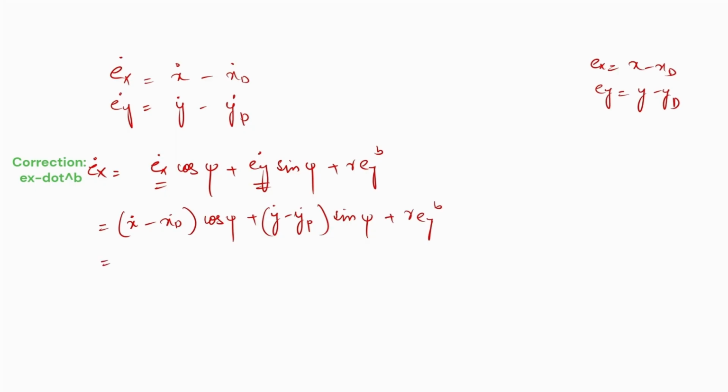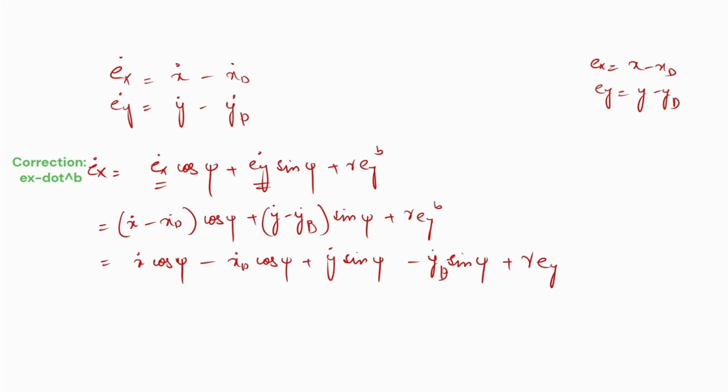So this is x dot cos of psi minus x desired dot cos of psi plus y dot sine of psi minus y desired dot. This is y d, okay? This is y d sine of psi plus r e y b.